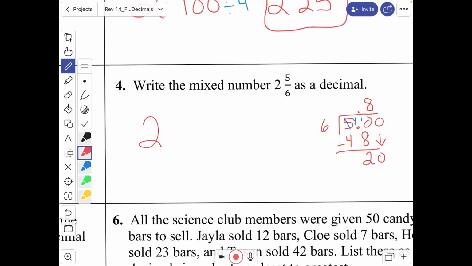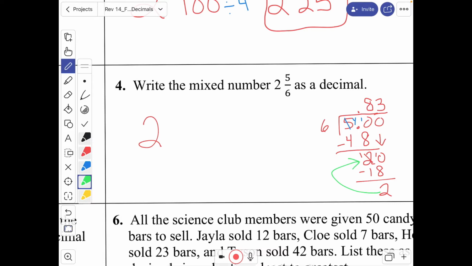Now, how many times does 6 go into 20? 3 times. So 3 times 6 is 18. 20 minus 18 is 2. Look, it's starting to repeat.